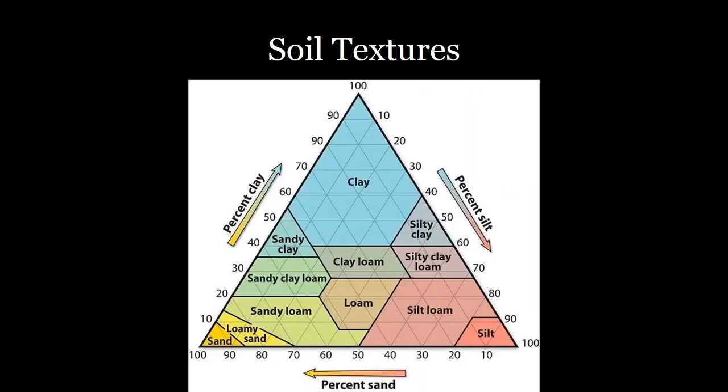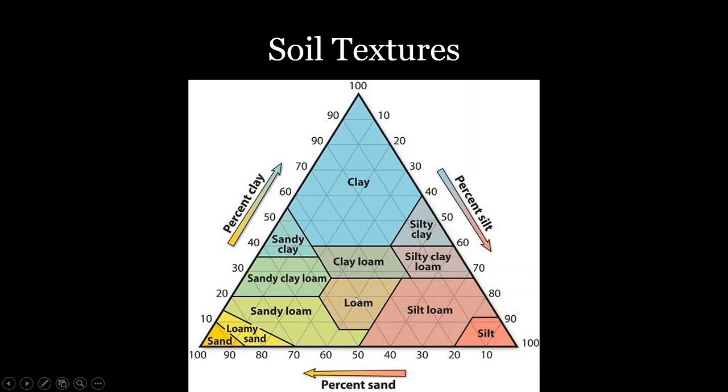And so we use this useful chart to classify different soil textures based off of their composition of sand, silt, and clay. For example, if a soil had 40% sand, we can go up this chart to 40 and then go across, and we see that it also has 40% silt and then 20% clay.